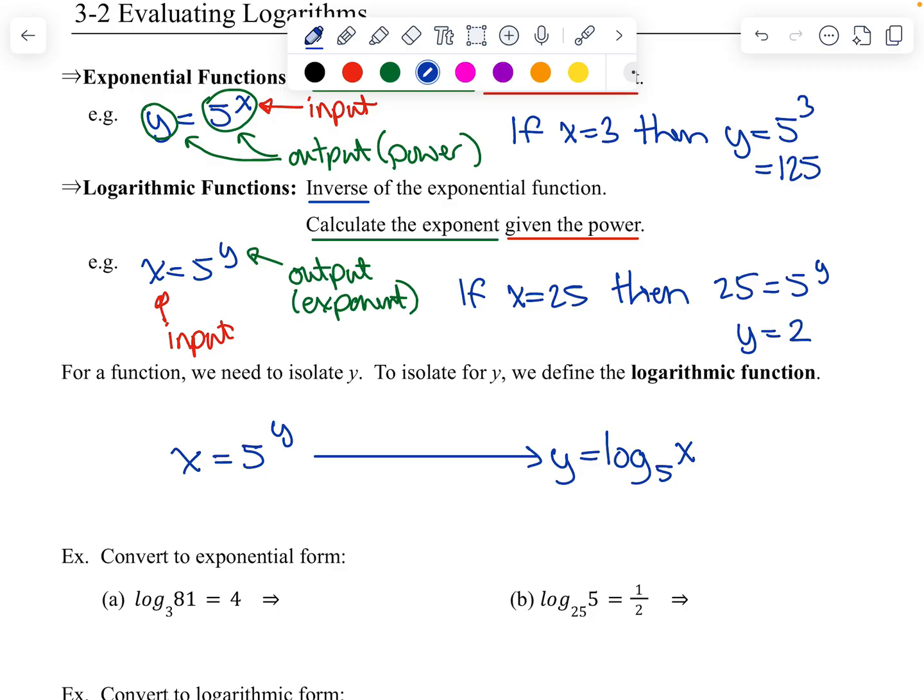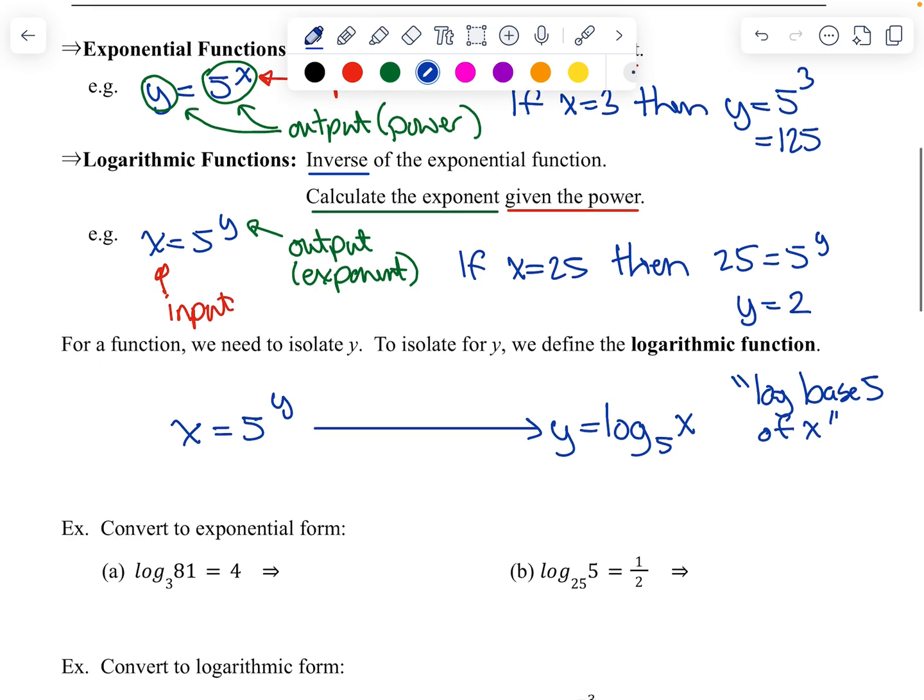In words, I would read this as log base 5 of x, or sometimes this is also read as log x base 5.